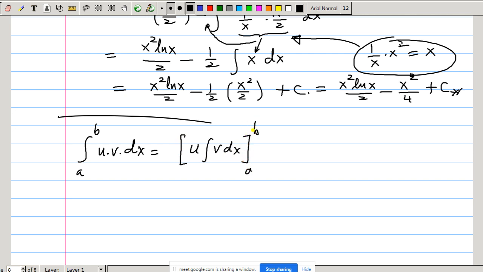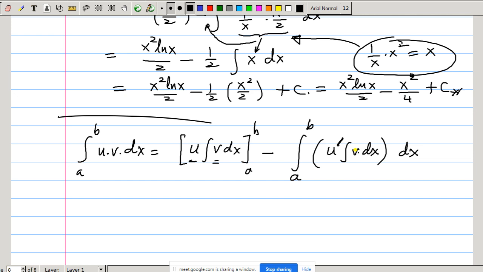So when you put the limits, they will be put in everywhere in u and the answer here. And minus, because inside you are taking the derivative, integral of v dx, and this still needs to be integrated, so we do not use limits inside, we use the limits outside here. Never use the limits inside.